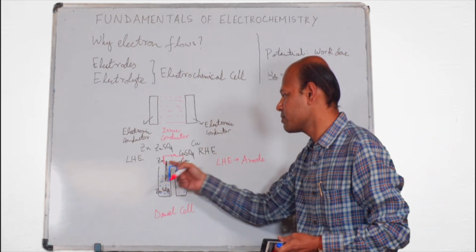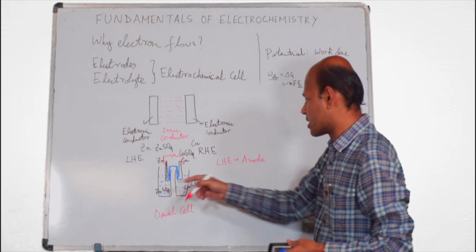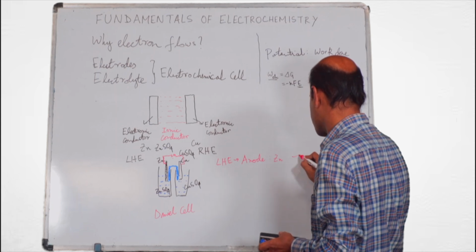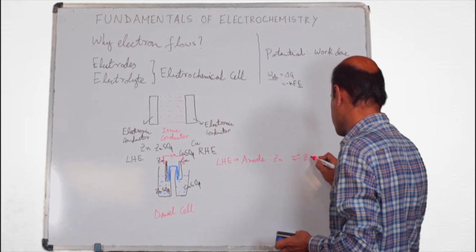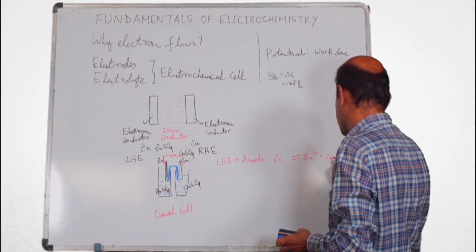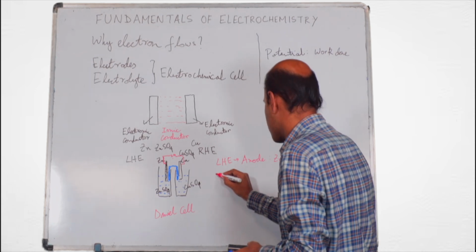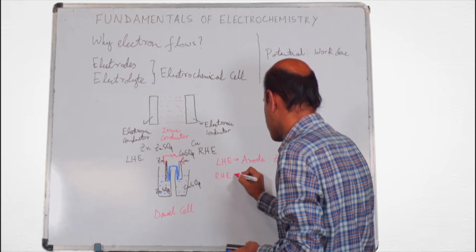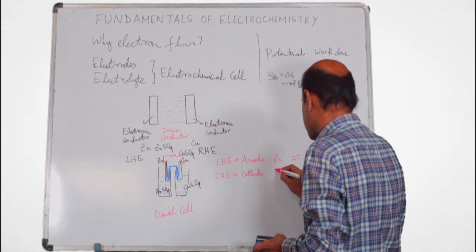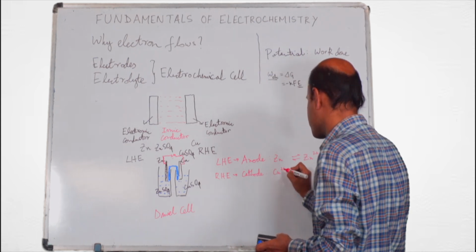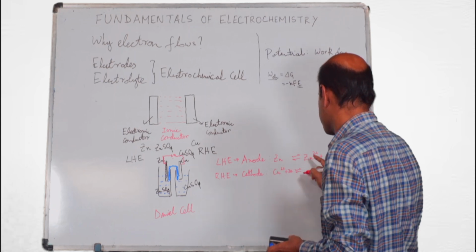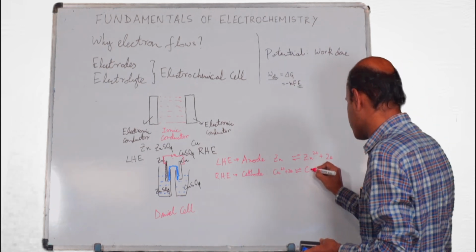Electron is lost from zinc to zinc sulfate. So the anodic reaction is Zn losing two electrons to give Zn2+. And your cathode, or right hand side electrode, RHE, is my cathode, where Cu2+ from copper sulfate gains 2 electrons and forms copper.